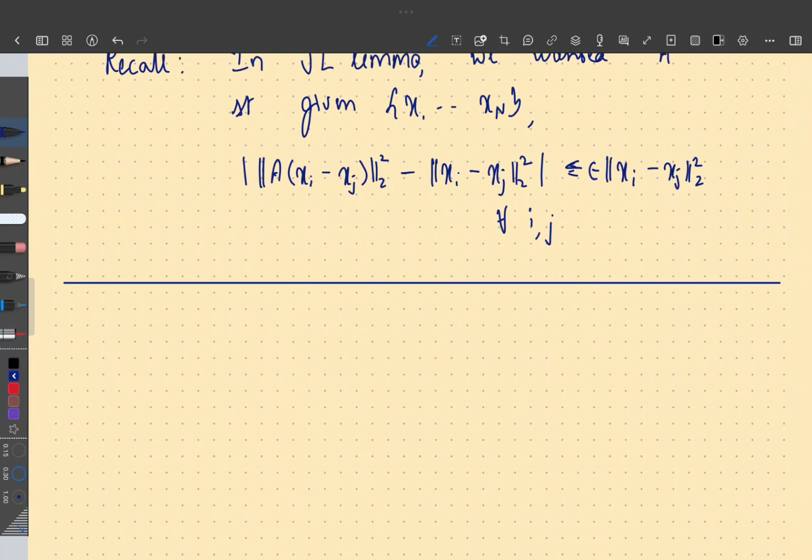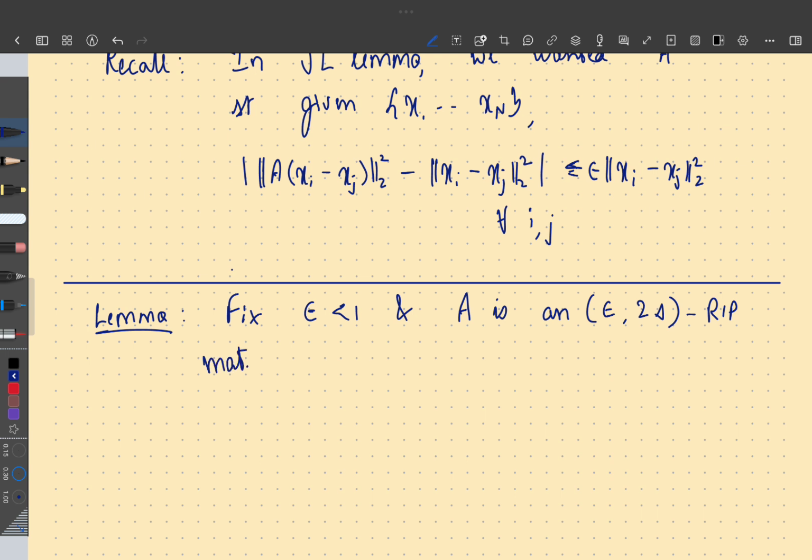So let's see the following statement. Let's fix any epsilon that is strictly less than 1, and suppose that A is an epsilon 2s RIP matrix, and let's say y is equal to A times x for any s sparse x.